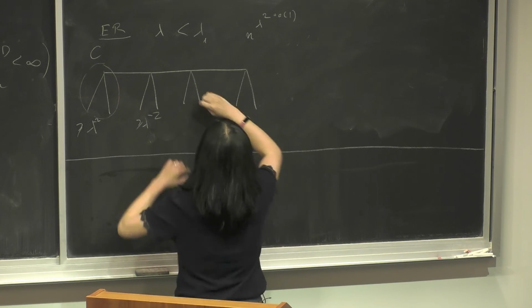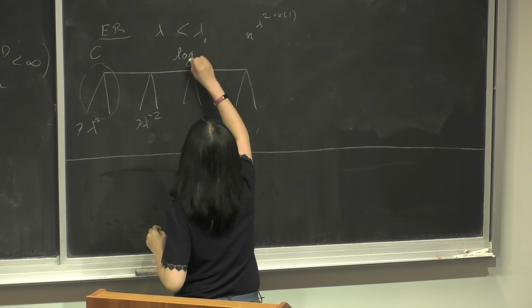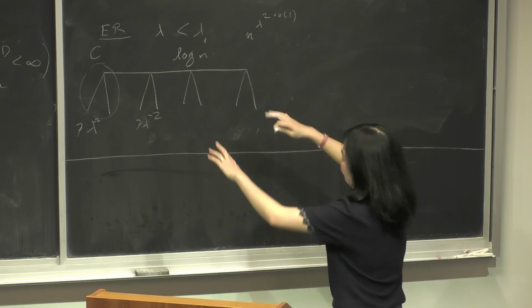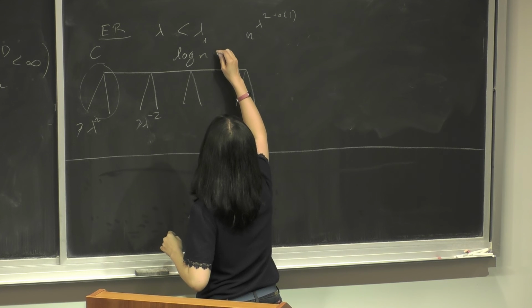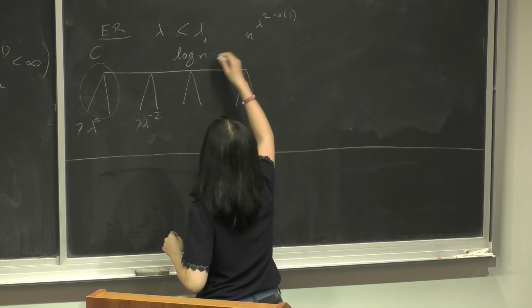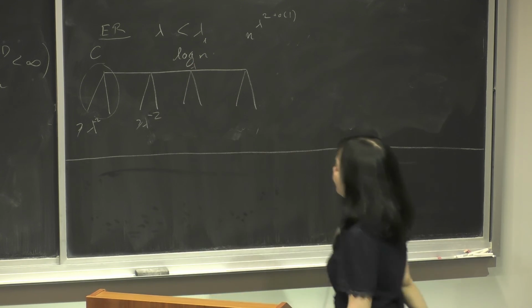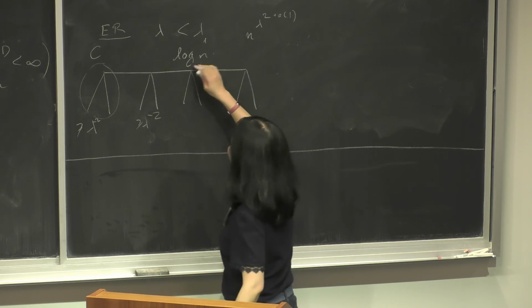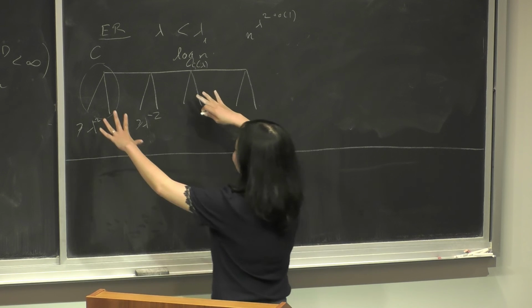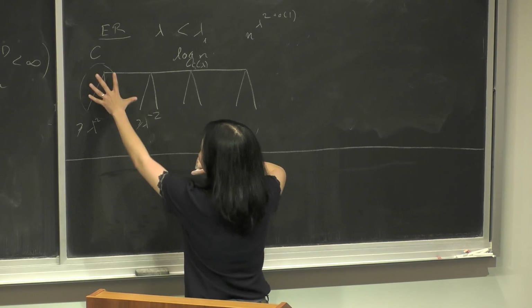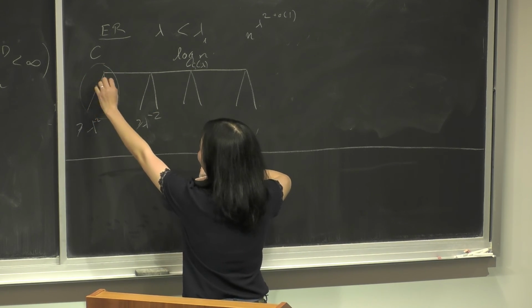And there are log n of them, with a constant depending on lambda. There are many of them, and each of them survives for a constant time.